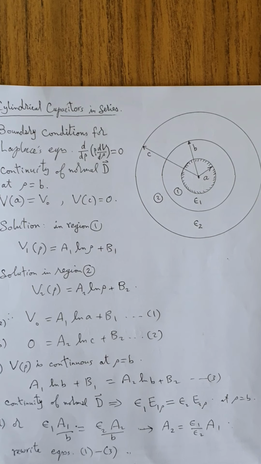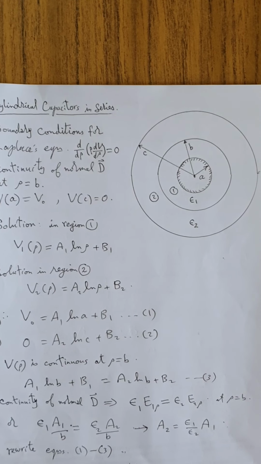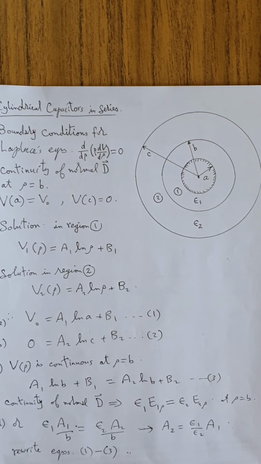The solution in region 1 is V1 equals A1 ln rho plus B1, and the solution in region 2 is V2 equal to A2 ln rho plus B2. Now we have four boundary conditions here because we have four arbitrary constants.